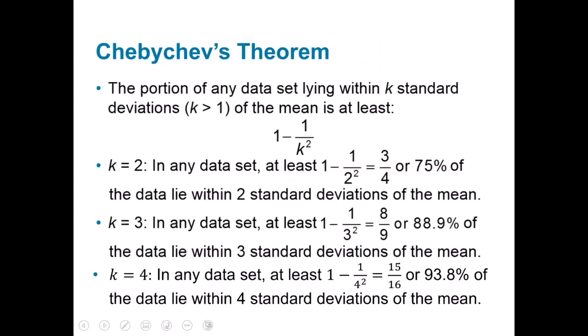So that's where Chebyshev's theorem comes in. Chebyshev's theorem, in general, I will say, is weaker than the empirical rule. But the advantage to Chebyshev's theorem is it does not care what shape the data has.